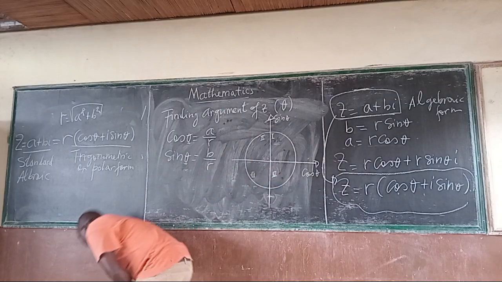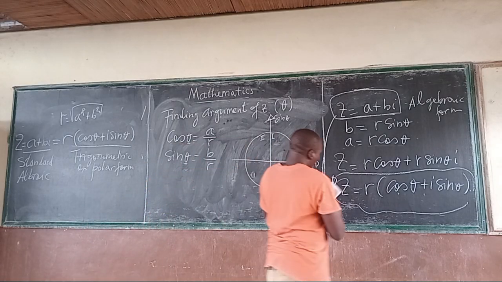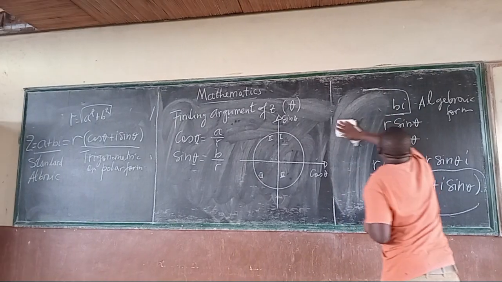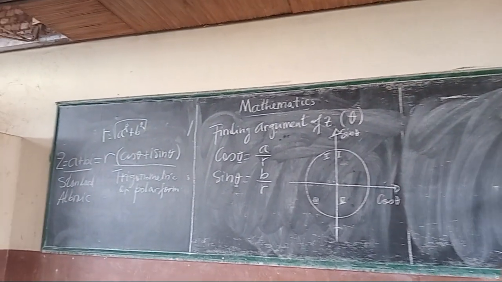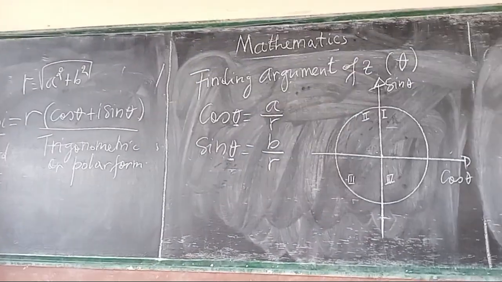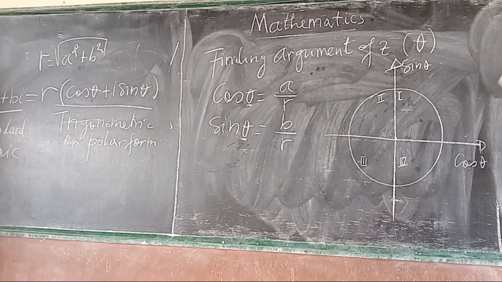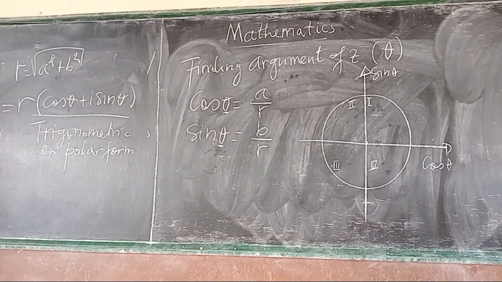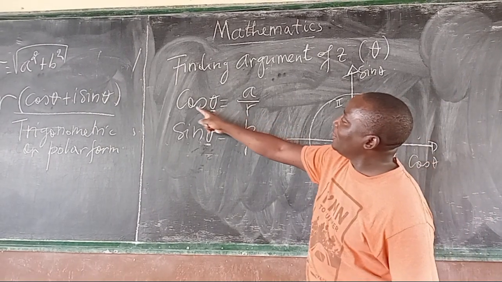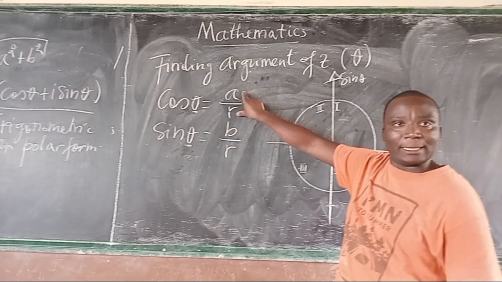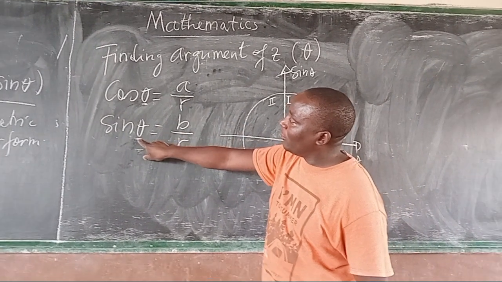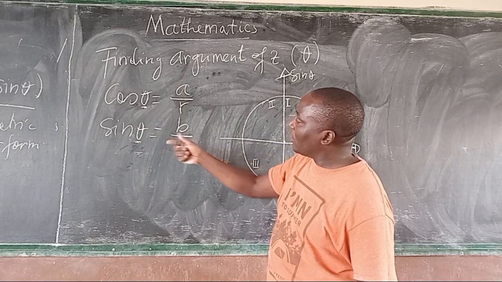Then, teachers, to get the argument of the complex number, I'm going to use a simple technique. Look, I have here the value of the sine of angle theta, and I have here the value of the cosine of angle theta.